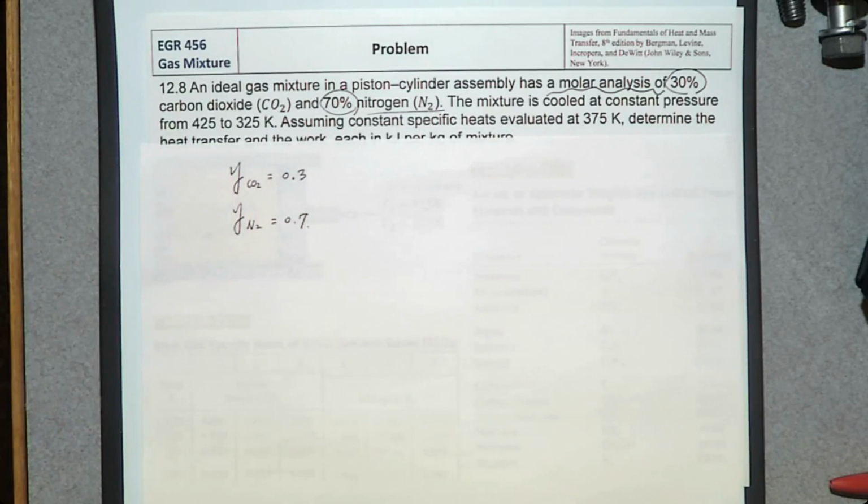So that is the ratio by mole between carbon dioxide and nitrogen. Now we have a cooling process from 425 Kelvin to 325 Kelvin, with constant specific heat. And we want to determine the heat transfer and the work, each in kilojoules per kilogram. So how can we solve this problem?